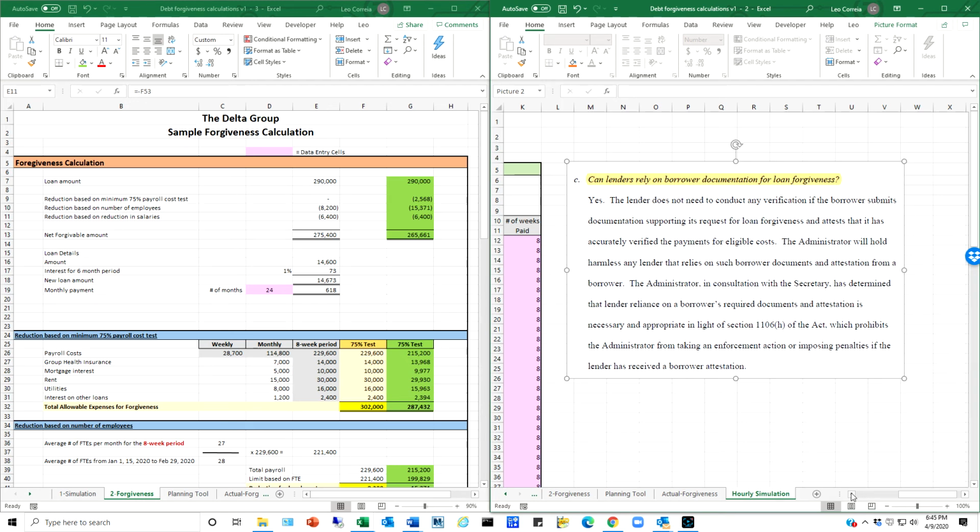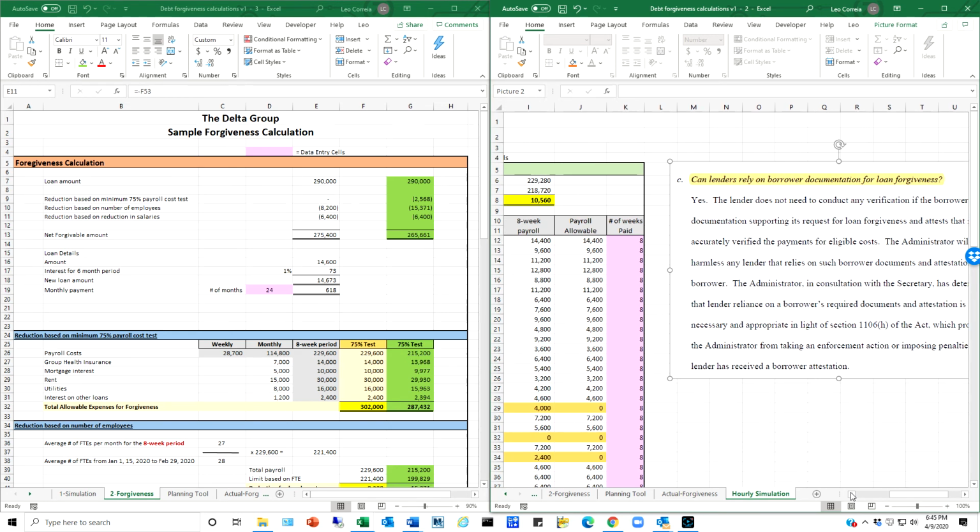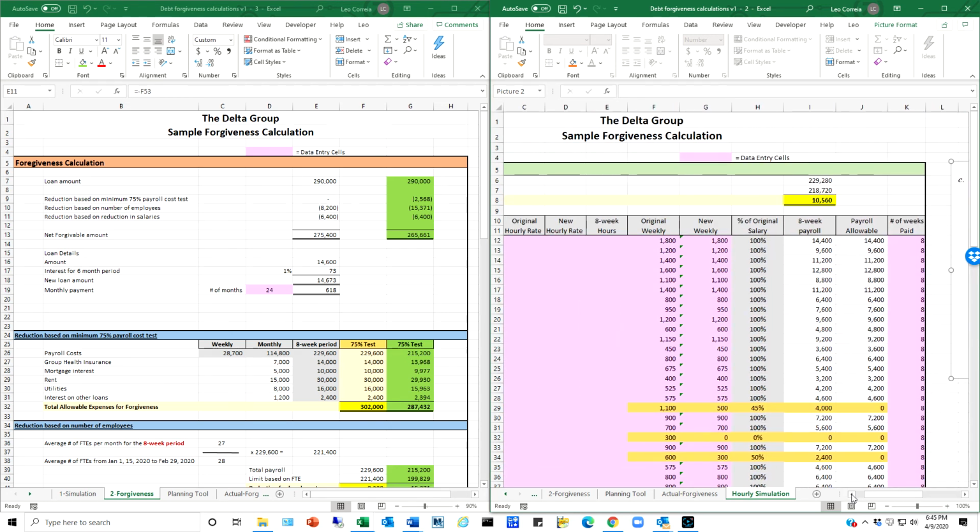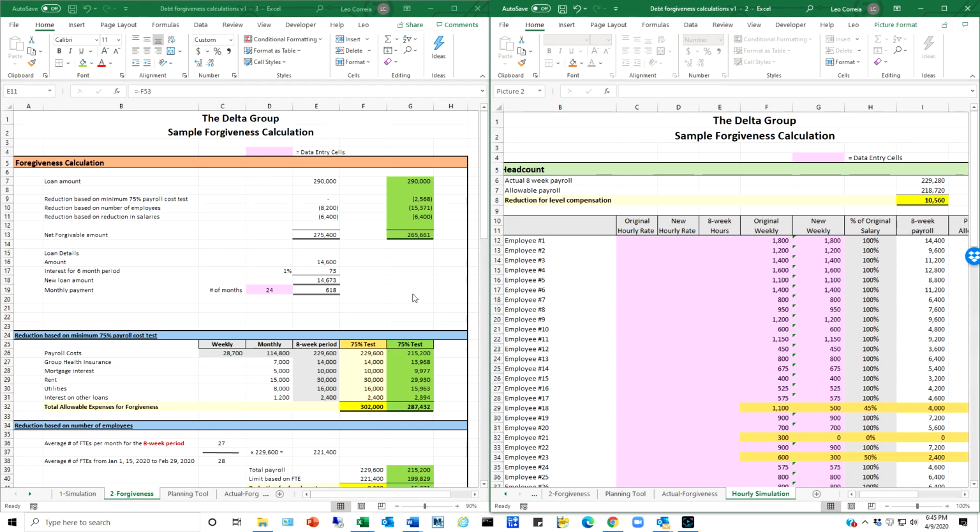But this takes the pressure off the lender, and it allows them to do the forgiveness as long as there's good documentation. And that's why we feel this simulation tool is so key, because it really documents all the steps along the way. Even if there were an error in calculation or even in data entry, there was every attempt to do things right here because we were following all the rules that were laid out.